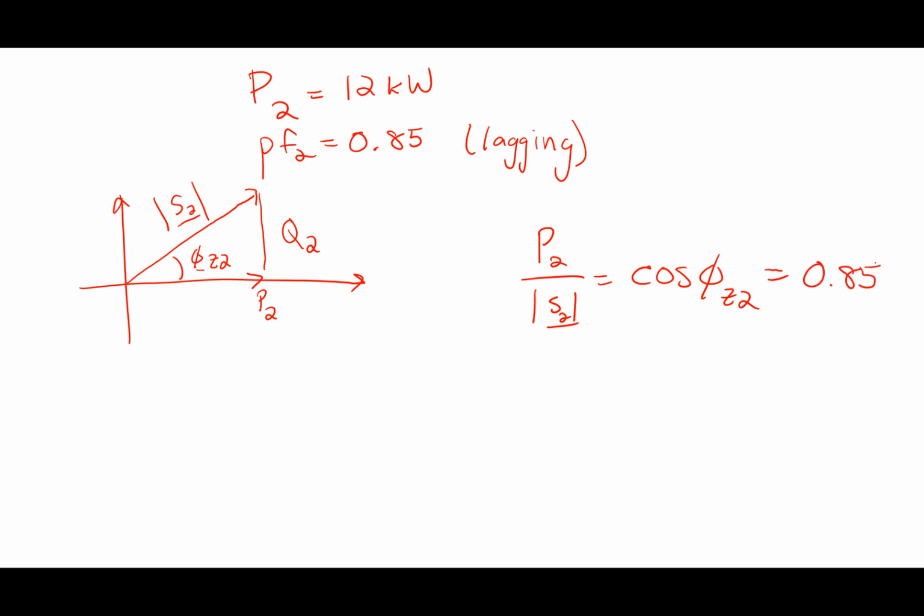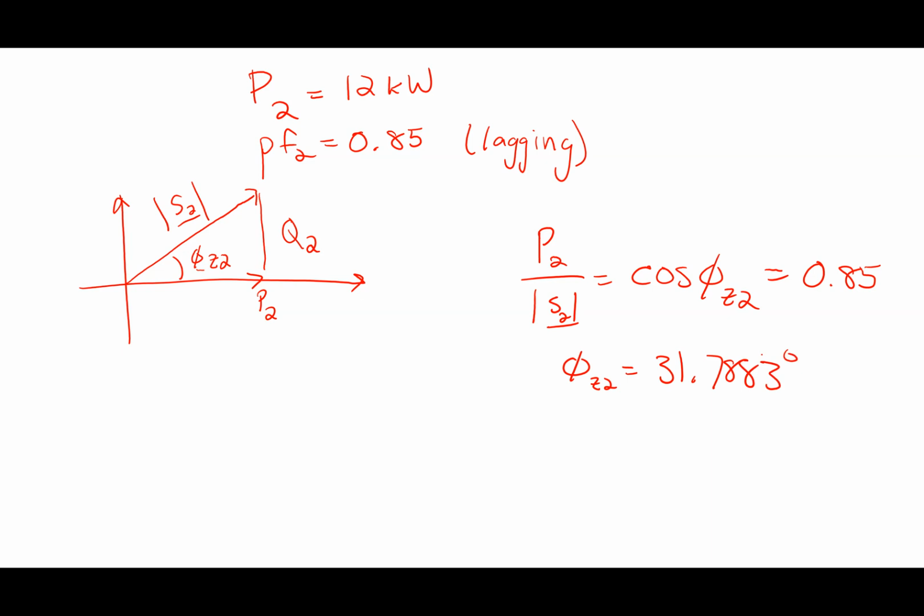Right? And so if I go through the math on that, I get that the angle here, phi Z2, works out to be 31.7883 degrees.